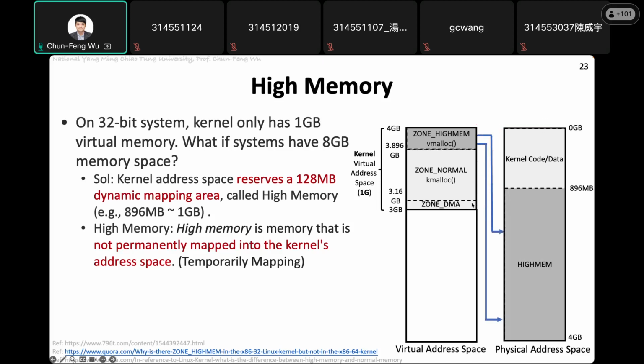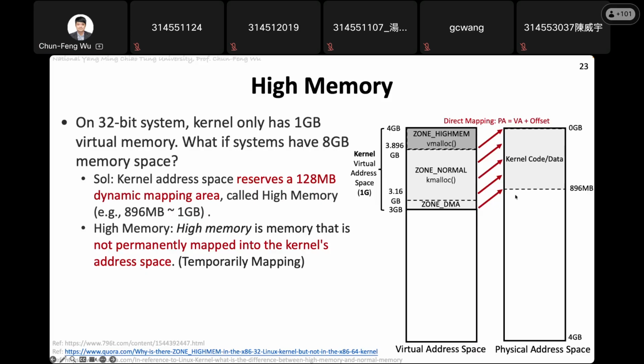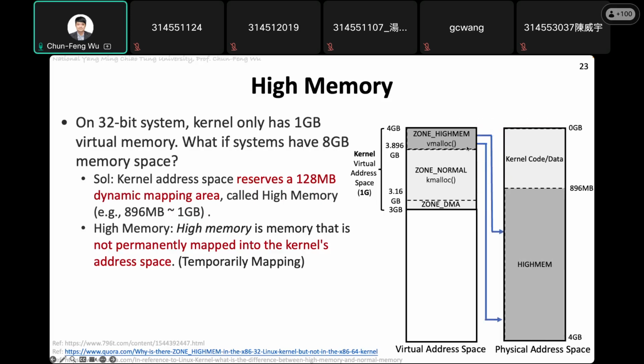Okay, but the thing is, you still have this much physical memory. If the kernel wants to access data in this region, then what we need is dynamic mapping to map the data from this area. But because this is dynamic mapping, we actually need a page table. The page table will help do the translation from this area to any other.